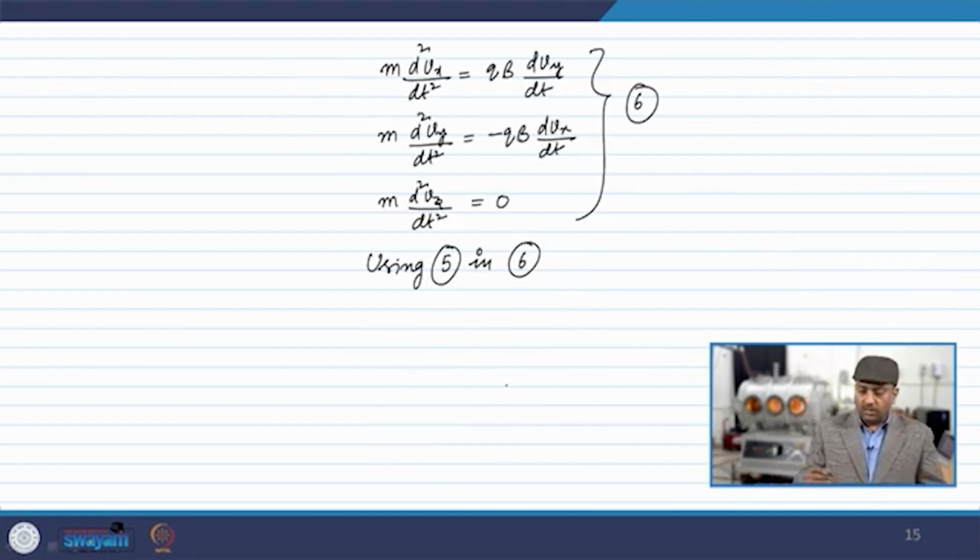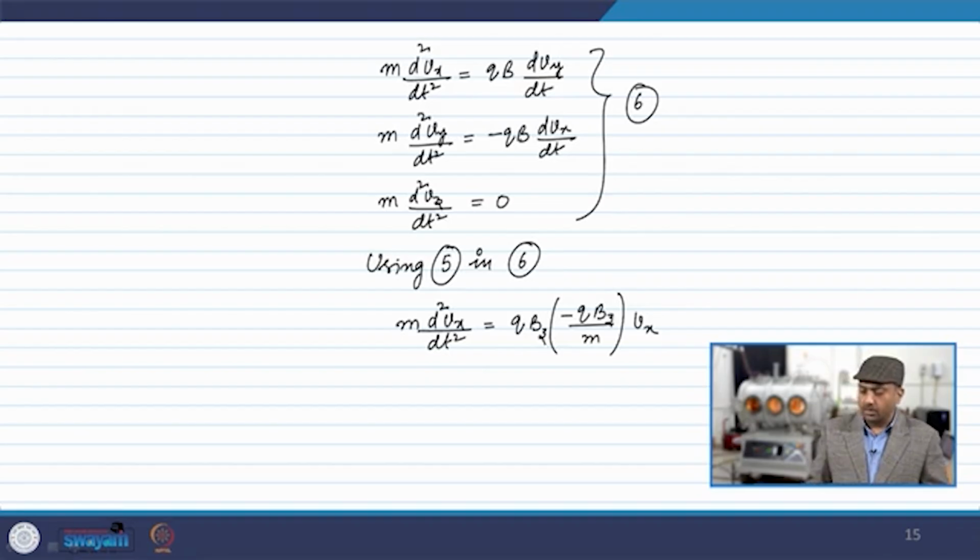Using that in these equations, we will be able to write m d square vx by dt square is equal to qB times minus qB by m vx.